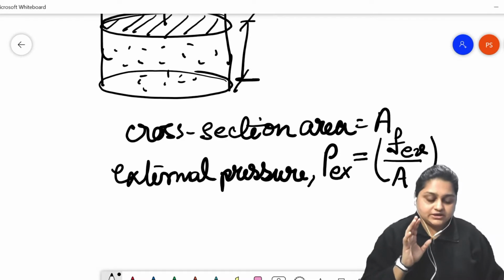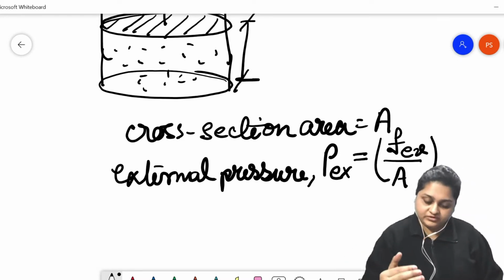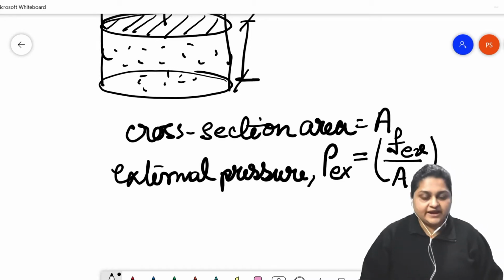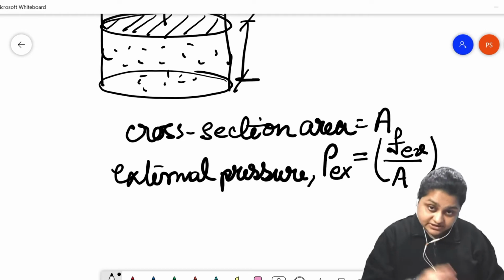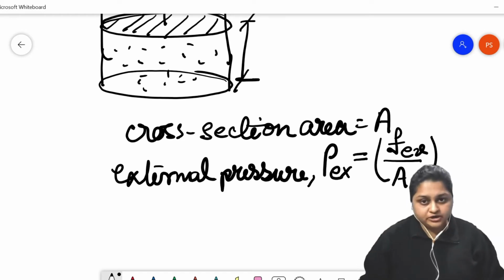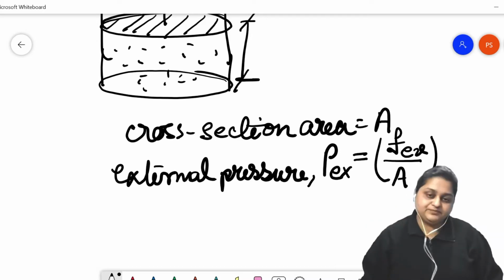Now if the external pressure is less than the pressure inside the gas, the gas will expand. If the external pressure is more compared to the pressure inside the gas, the gas will get contracted.